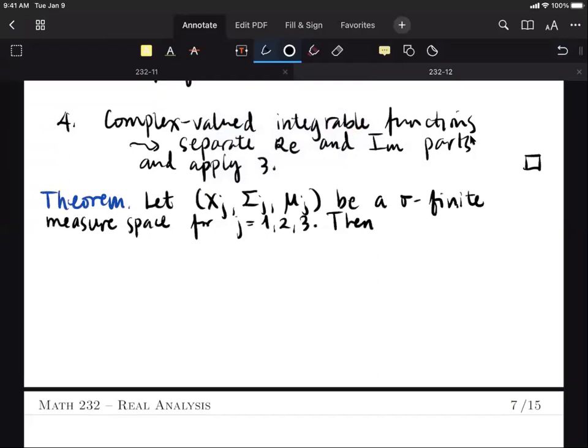Then we have the following property. So the product measure is associative.